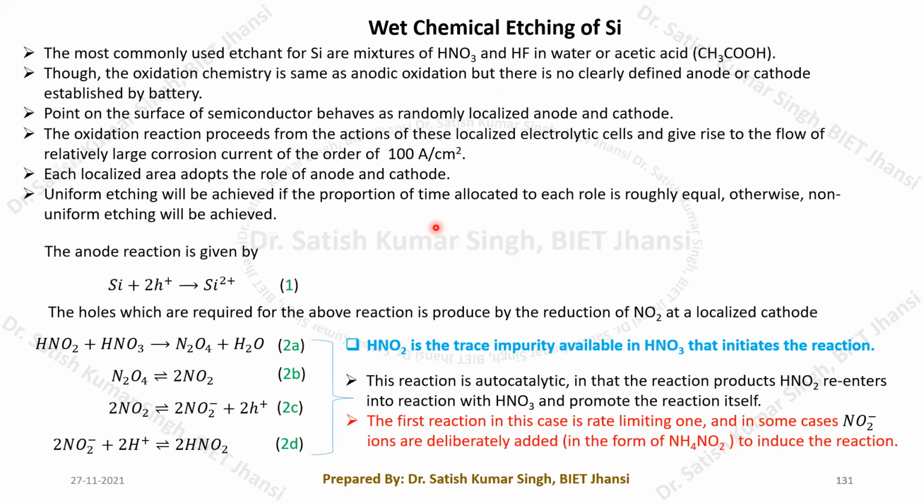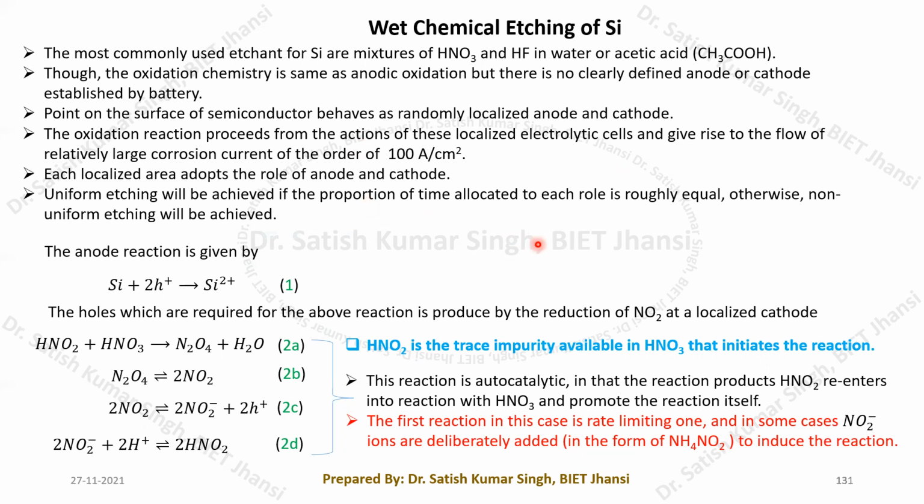Then after some time, when etching is done, this role reversal will take place. Then the same point will act as the anode, and the other point will act as a cathode. Generally, when this role reversal takes place for roughly equal amounts of time, we are going to get uniform etching. And if this time is not uniform, obviously we are going to get non-uniform etching.